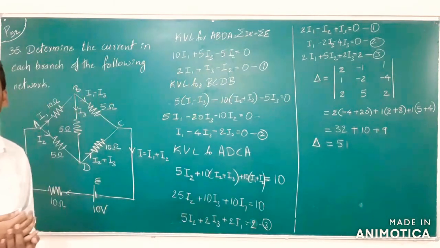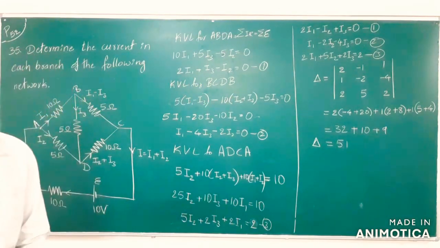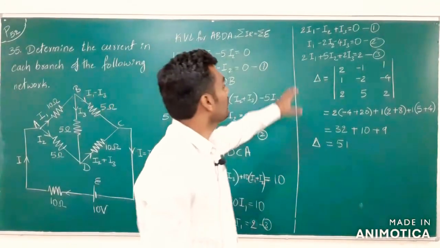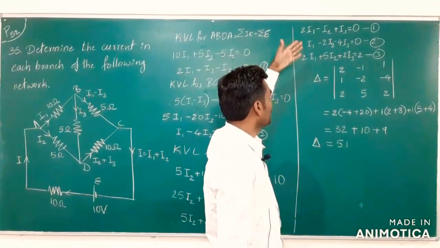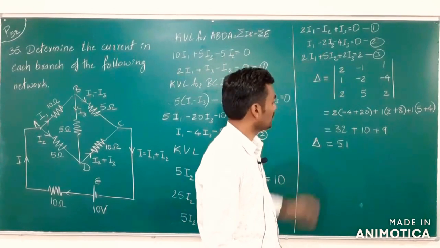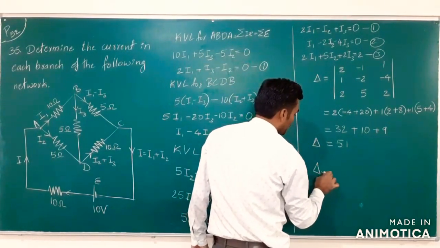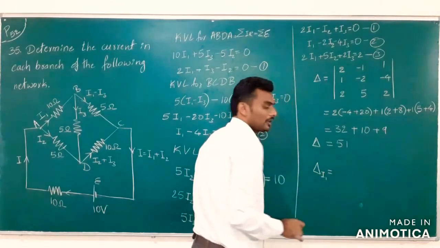So you know that first we should solve for delta, then for delta x, delta y, delta z. And now we have the variables given by delta I1, delta I2, delta I3. So then for delta I1, how do we get delta I1?